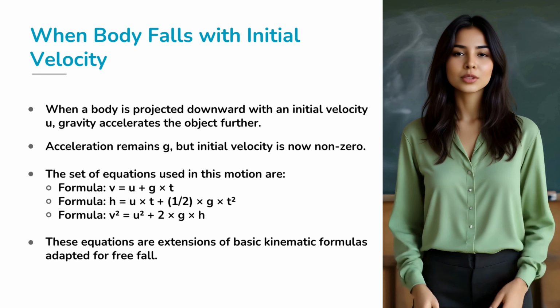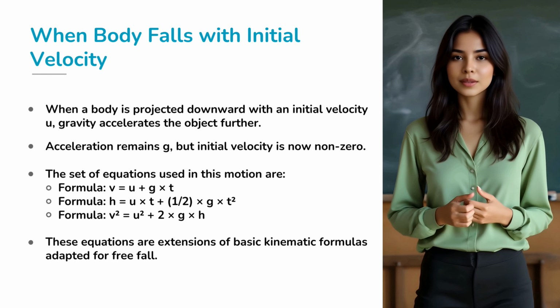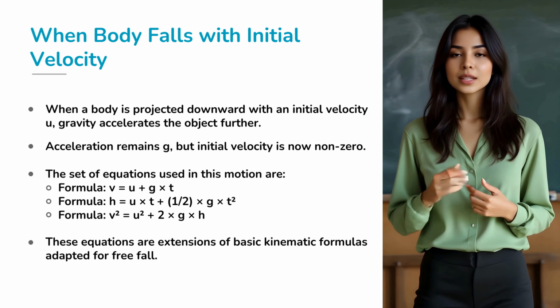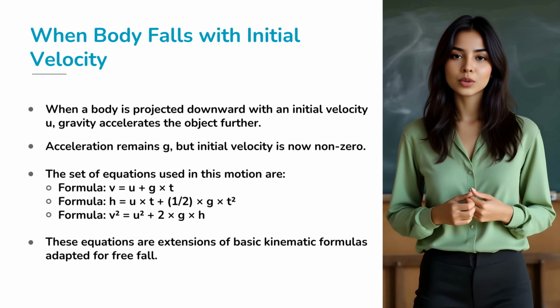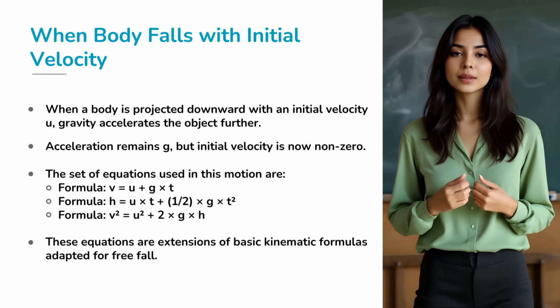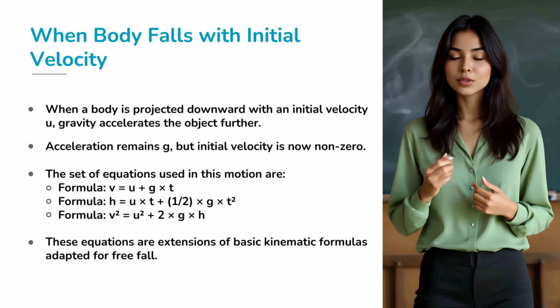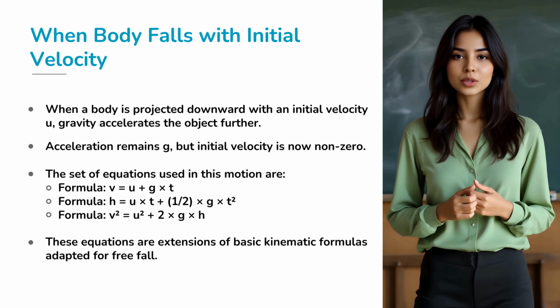These are extensions of the basic kinematic formulas, but adjusted for the fact that the object had an initial push. Imagine a ball being thrown downward from a balcony. It speeds up not only because of gravity, but also because it started with a boost.